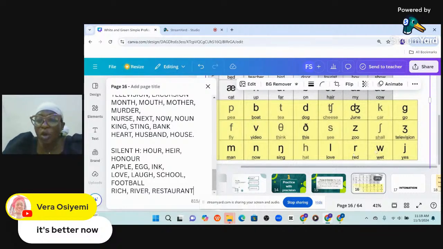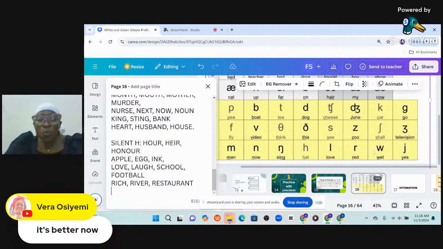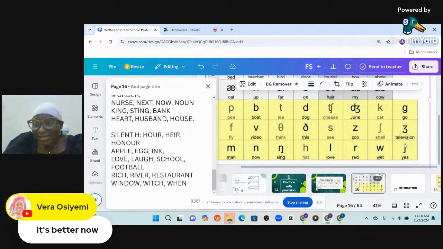I have the sound W. I can have it in words like window, not "windo." Shut the window. I can have it in which, when.